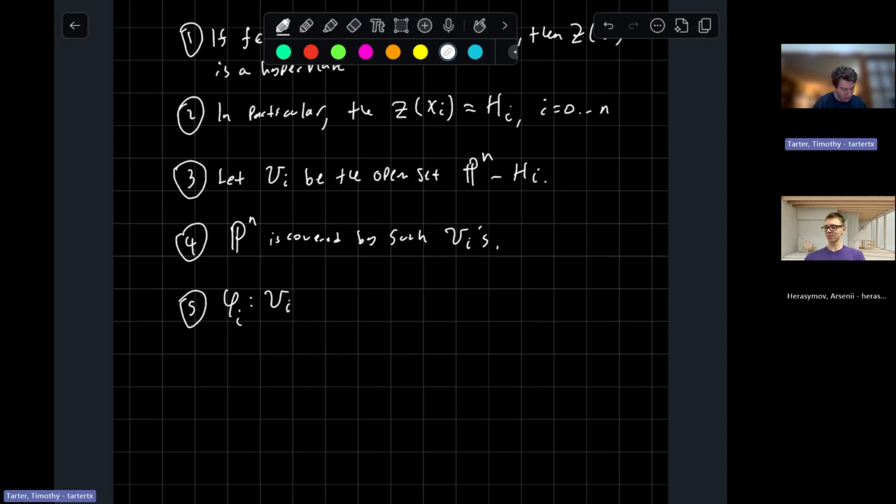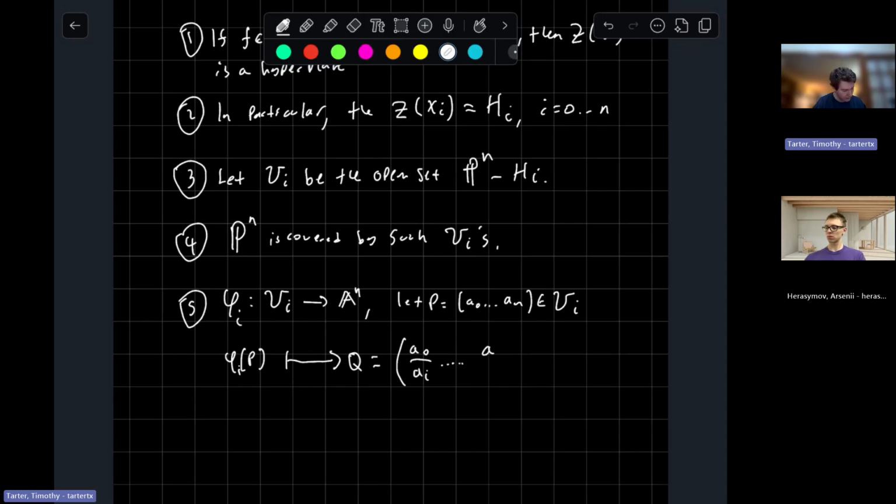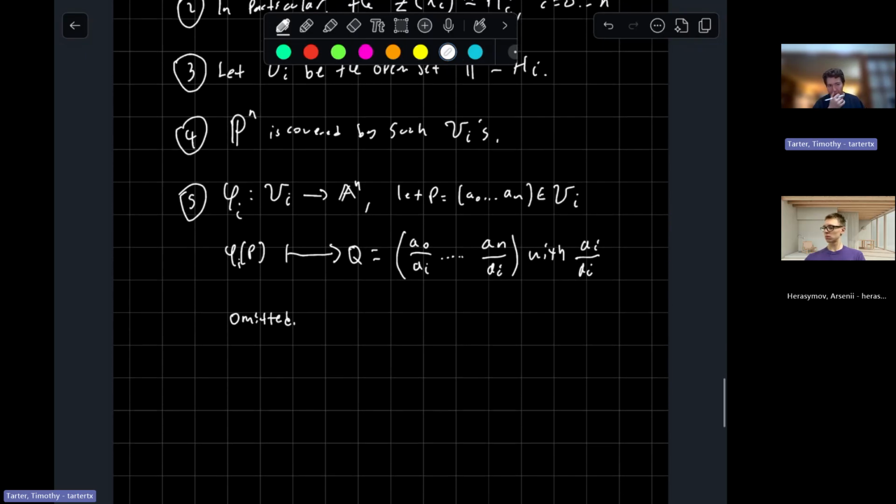But phi_i from U_i to the affine n space is a map where, if P is (a_0 through a_n) in the open set U_i, then phi_i of P gets sent to Q, which is the set of affine coordinates a_0 over a_i, dot dot dot, a_n over a_i, with a_i over a_i omitted.